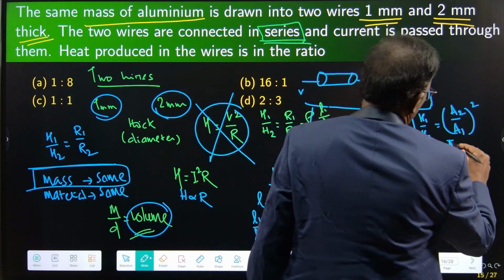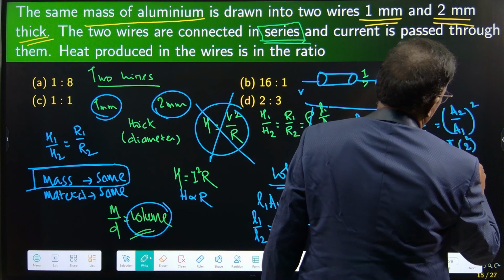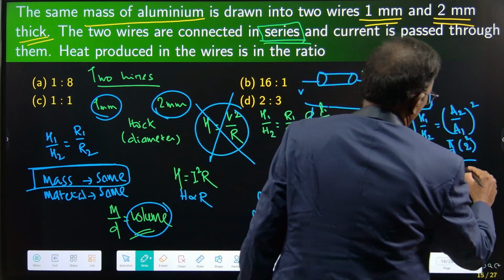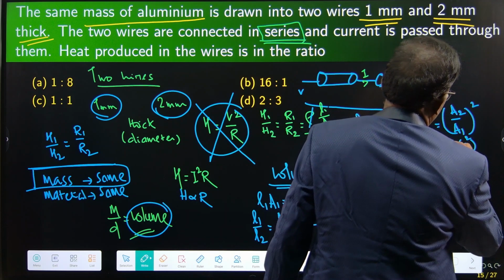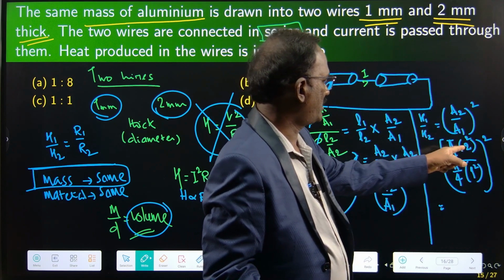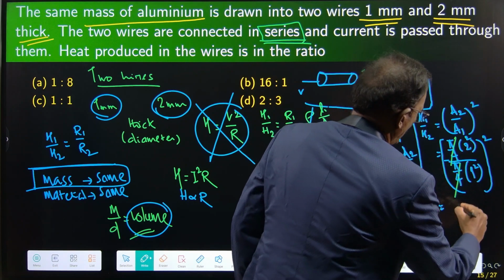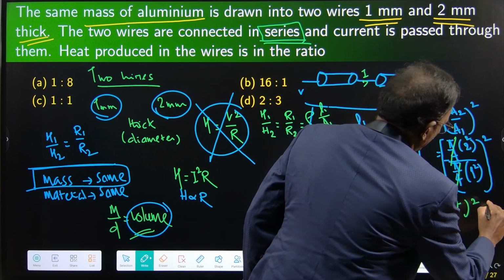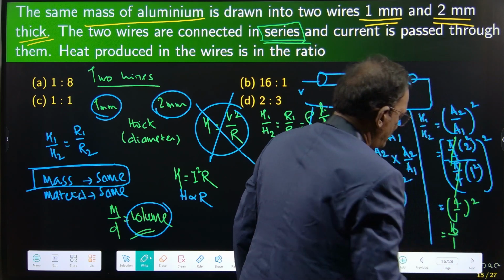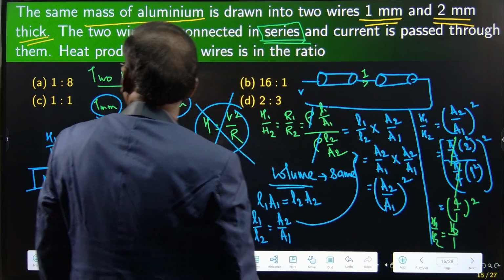D2 is 2 mm, so 2 square, divided by D1 which is 1 mm, so 1 square. Again it is squared. Pi by 4 is removed, so this is 4 by 1 square, which is 16 by 1. So H1 by H2 is 16 by 1.